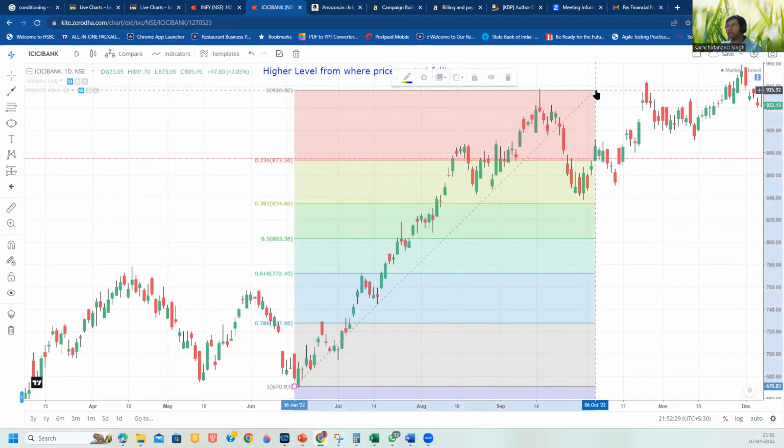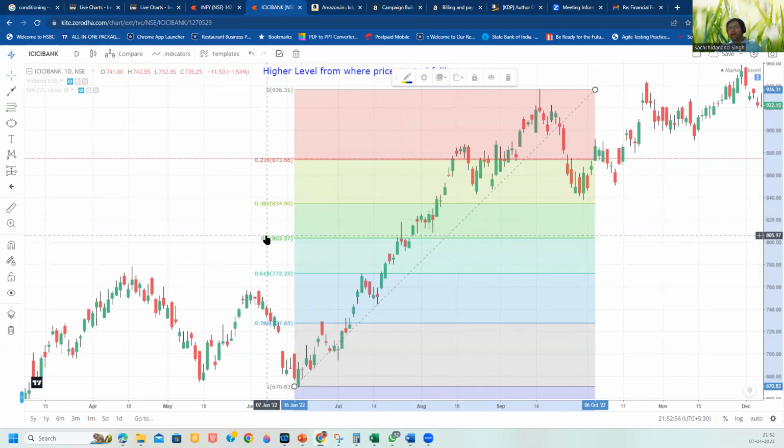So basically, this fib retracement gives you a tool to identify, in an uptrending market, when a stock is taking a rest, till what price point it will fall down. Okay, so it may fall down by 20%, by 38%, or by 50%.